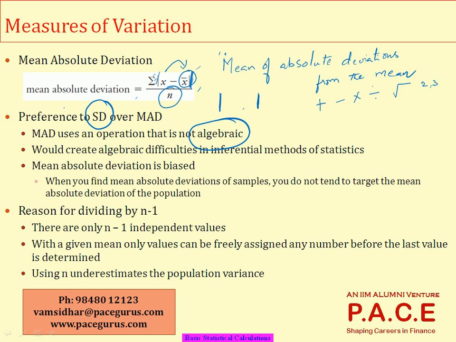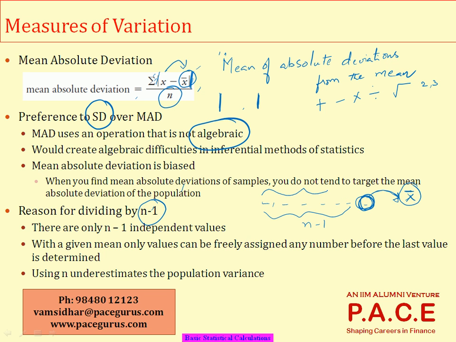Then one more thing we have to understand is why, in the standard deviation formula for a sample, we divide by n minus 1. The reason is, let's say you have n data points and you already know the mean. You have already estimated the mean. Now, if this mean is already known, you can freely change the values of only n minus 1 data points, because the last one is purely based on this. It has to be an adjusting factor to produce this mean.